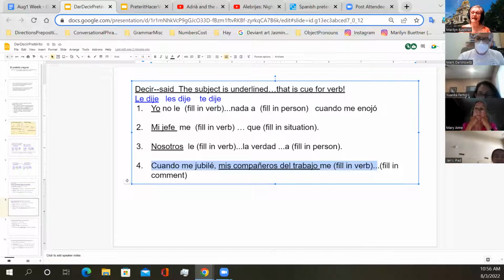Que tomara un gran viaje, that take a good trip, yeah, something like that. Sí, okay. Me dijeron. They told me. Me dijeron, right? And the me doesn't match up with the form of dijeron. The me says that I was on the receiving end. And the dijeron is a bunch of them. They said to me. Me dijeron.